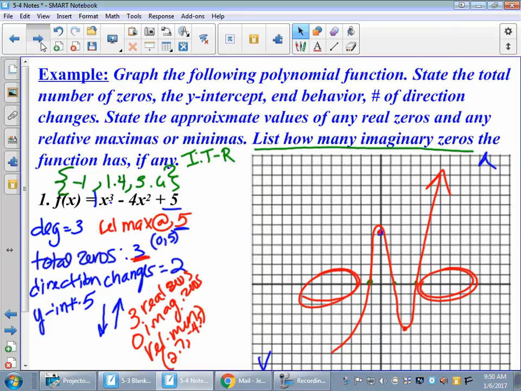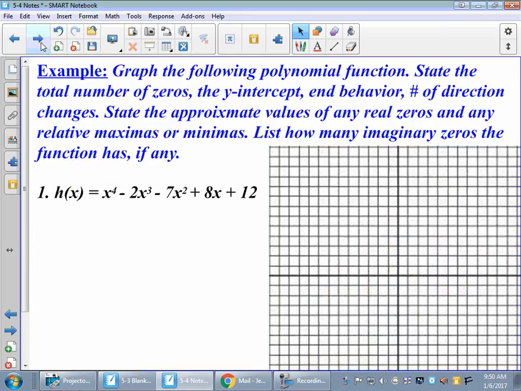All right, next problem here, same idea. I'm just going to gather all the information, and then we'll be ready to graph this in class, because it's kind of difficult when you don't have the graphing calculator at home. So first of all, we have a total number of zeros. Total zeros is equal to 4.